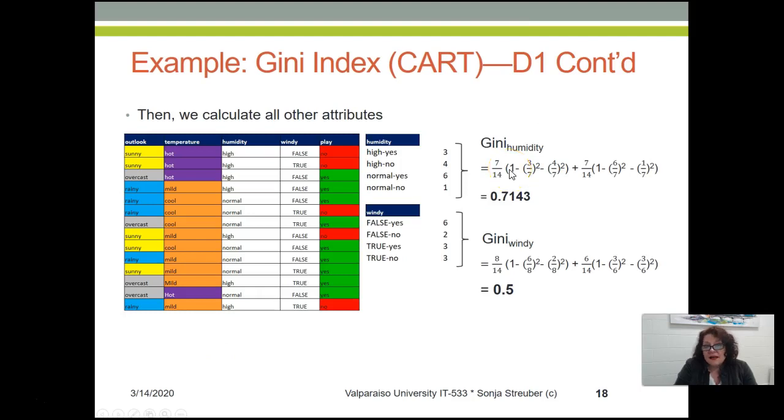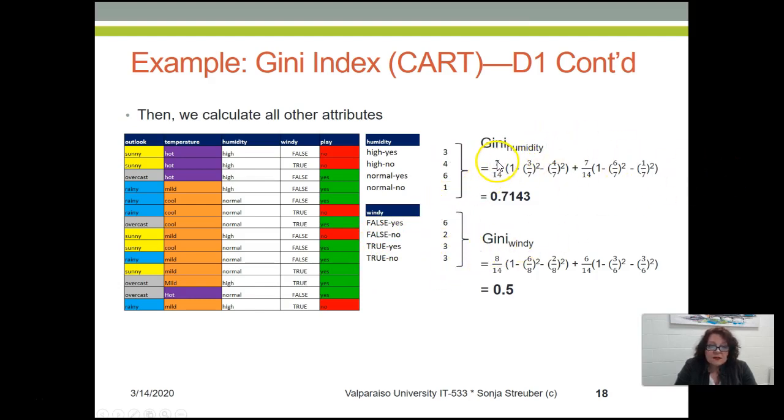We do exactly the same math for all the other attributes, for humidity and for windy. In humidity, again, we look at high yes, high no, 3 and 4, normal yes and normal no, 6 and 1. That's this here. And we look at windy, false yes, false no, true yes, and true no with these values. And we do exactly the same math.